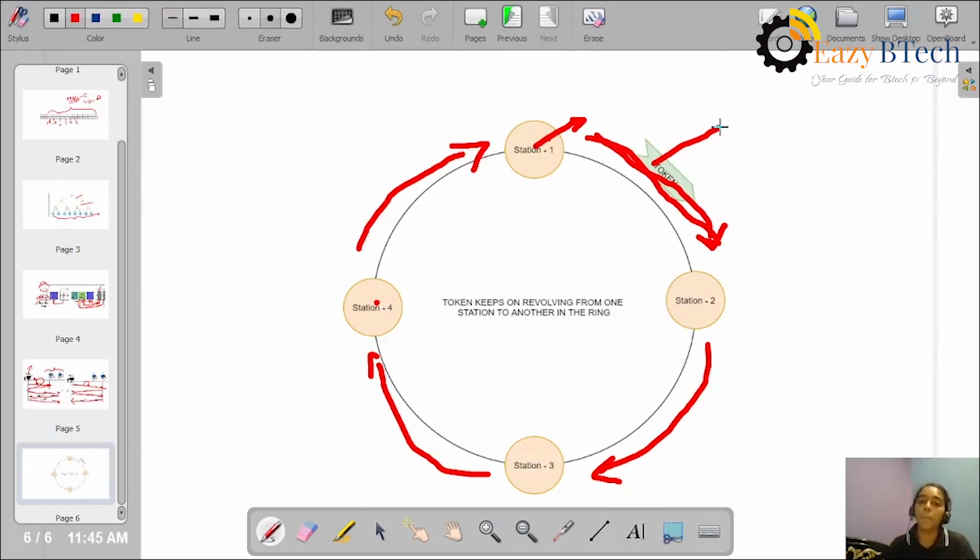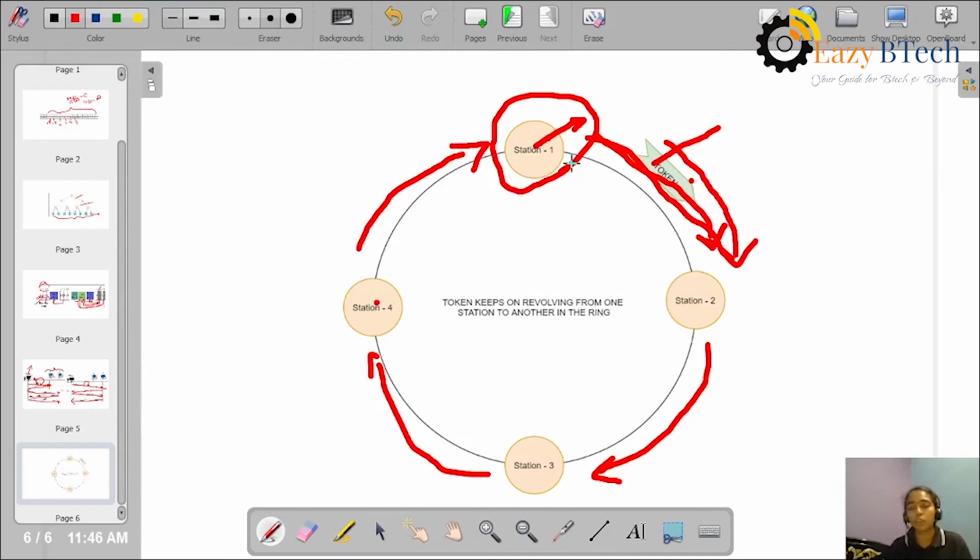After one station completes communicating a data frame, the particular station releases the token, and that token will be assigned to the next station connected to the network. Only after completion of that one station will the token be released.